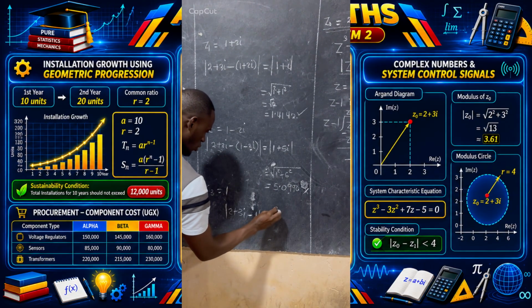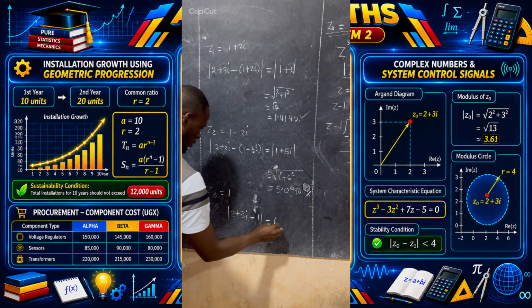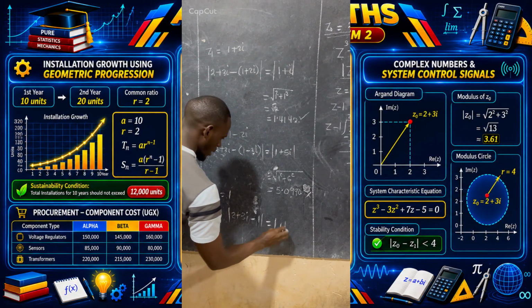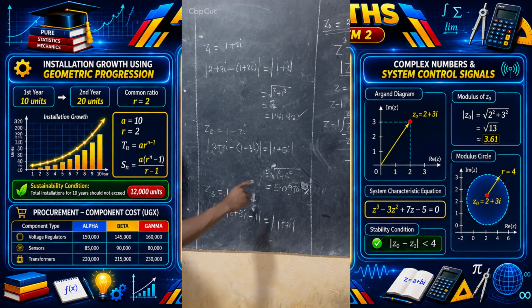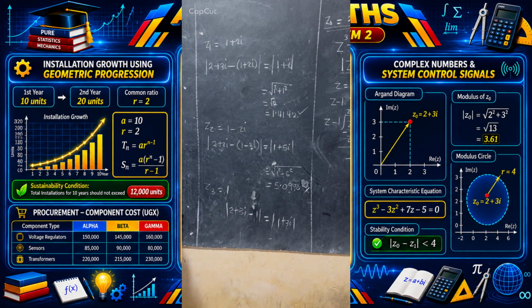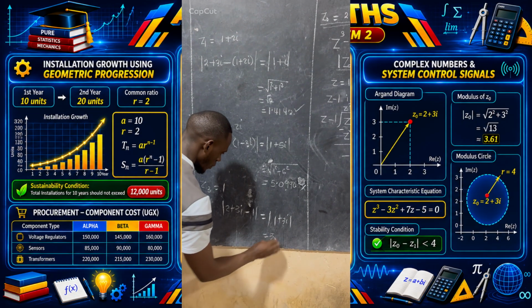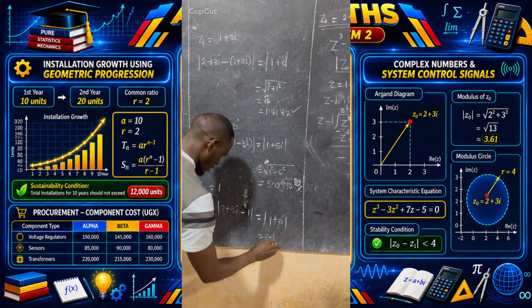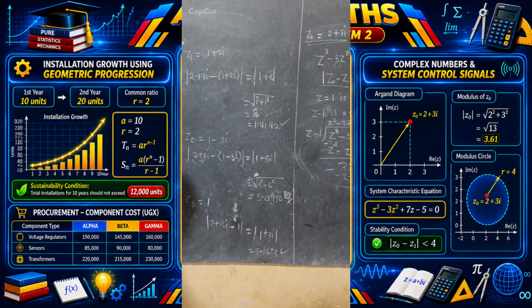And this is equal to the magnitude of 2 minus 1, which is 1, then plus 3i. The magnitude of this is going to be 3 squared plus 1, which is 10, and the root of 10 is 3.162. So here it is possible.